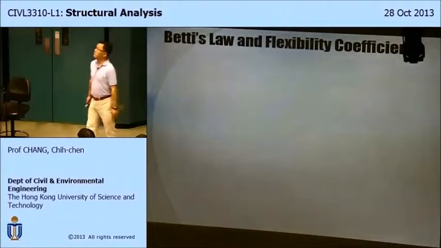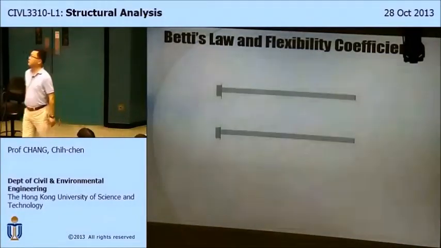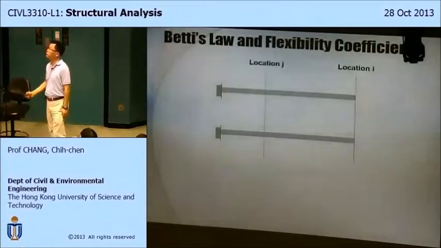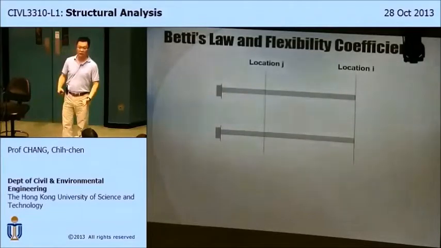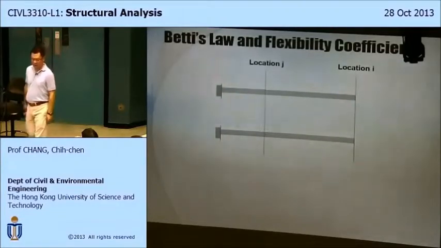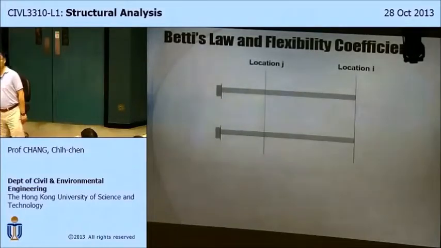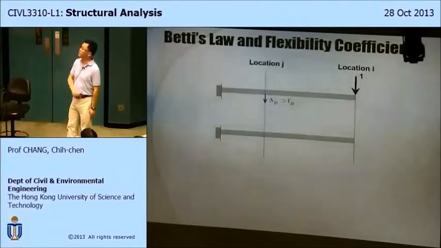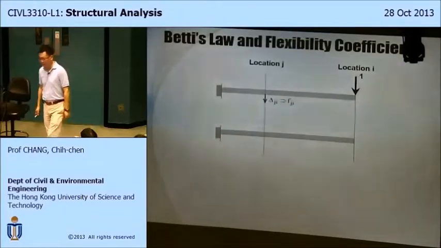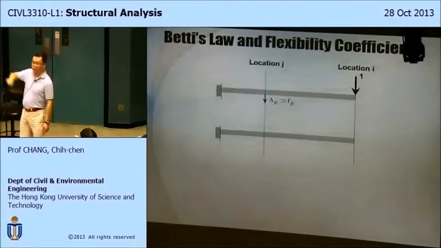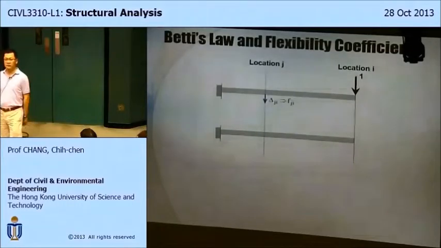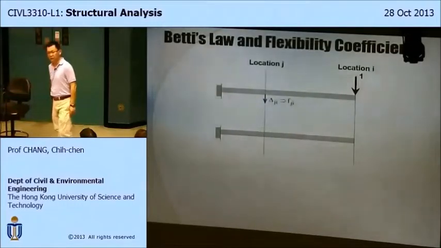Now, Panties Law and flexibility coefficients. So what are flexibility coefficients? Panties Law applies to a condition where loading is equal to 1. Then we call this flexibility coefficients. So I use a loading of 1, calculating deflections at the other locations. That deformation has a special name called flexibility coefficients.